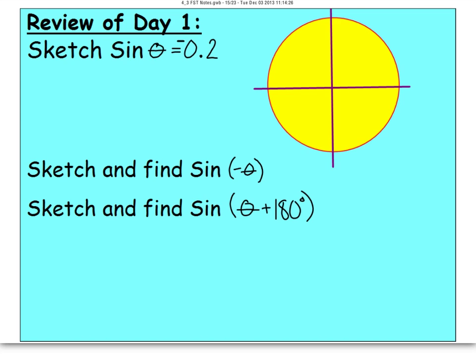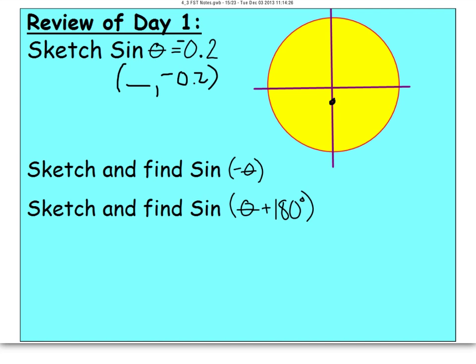For some additional practice, let's take a look at this scenario. Let's sketch the sine of an angle is negative 0.2. Remember, the sine means the y value. That means I don't know the x, but I know that. So to sketch it, negative 0.2 is roughly about right here. Again, I want to know which quadrant I should be in.